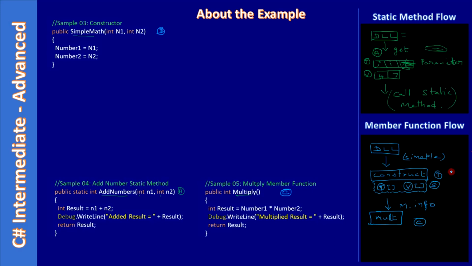Because when we make a call to the constructor, that time the instance will get initiated. That's why when you are making a call to multiply through reflection here, it will make use of already instantiated values. So the values are already packed here, and that will go as a member initialization. Later when you make a call to multiply, the initialized member will be used here.